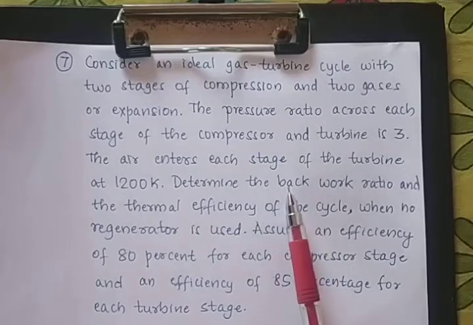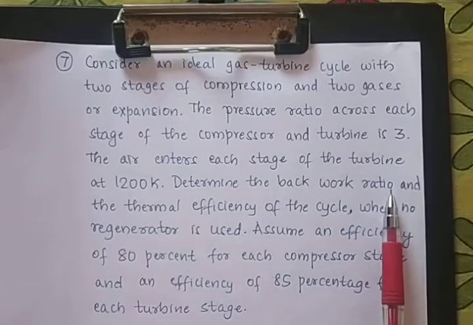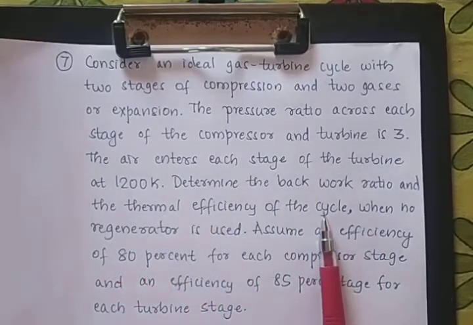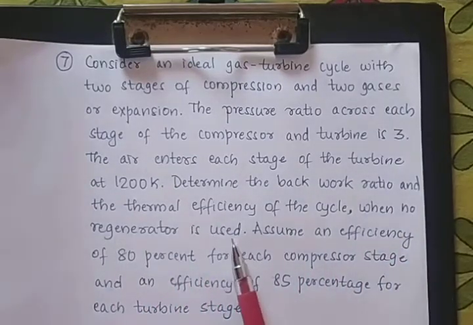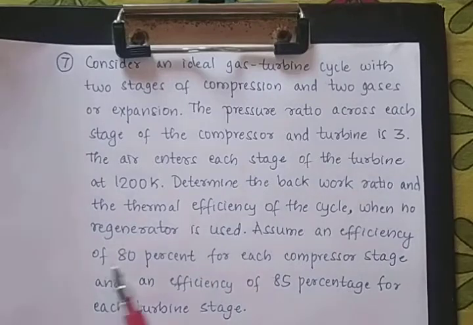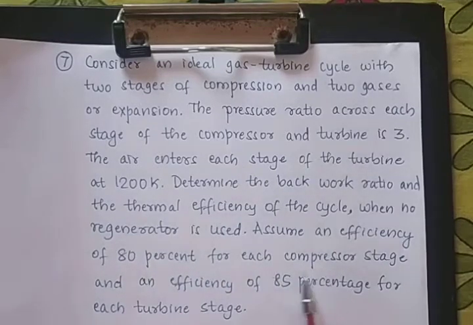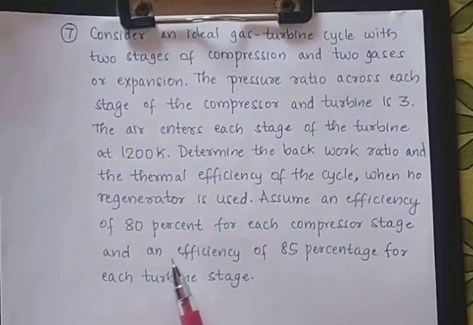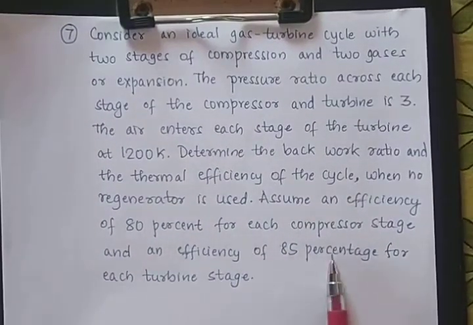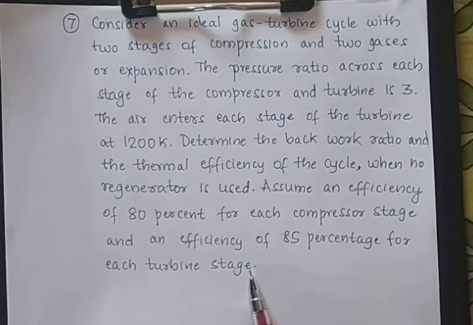Determine the back work ratio and the thermal efficiency of the cycle when no regenerator is used. Assume an efficiency of 80% for each compressor stage and an efficiency of 85% for each turbine stage.